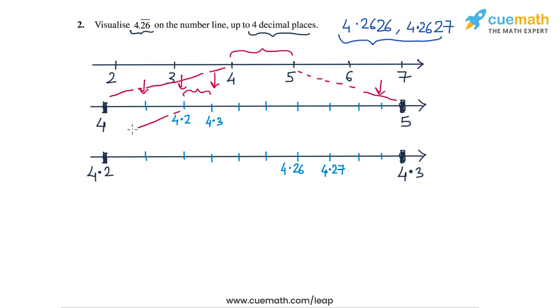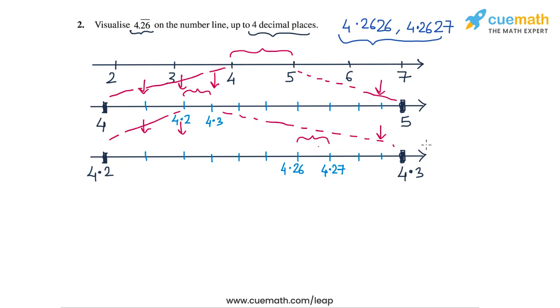So I have magnified this interval, and now I can see the markers for 4.21, 4.22 all the way up to 4.29. Next, because 4.26 bar lies between 4.26 and 4.27, let's magnify this interval from 4.26 to 4.27.